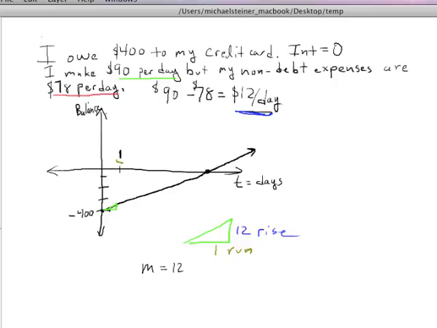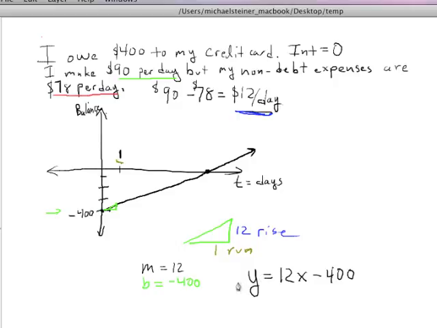And what about our y-intercept, which is right here? It's negative 400. So we have all that we need to write this equation in slope-intercept form. 12x minus 400.